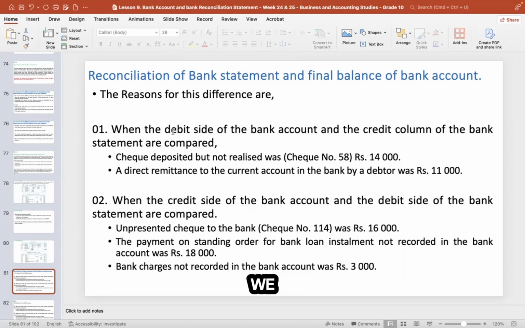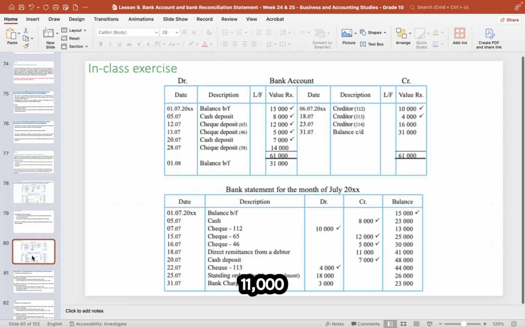Now, when we compare the debit side of the bank account with the credit column of the bank statement, the reasons for the differences are check deposited but not realized of 14,000 and direct remittances of 11,000. You can see here it's not been ticked. Here also it's not been ticked.